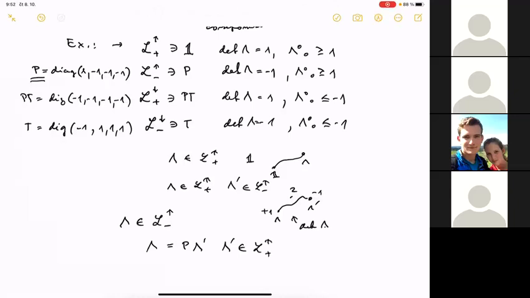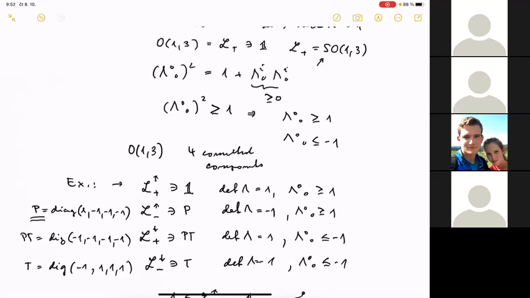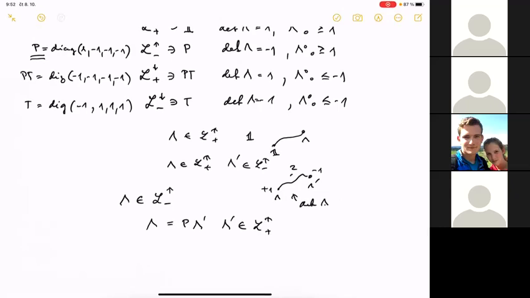By the way, I forgot to say that the elements of the group with lambda 0,0 greater than or equal to 1 form a subgroup. This subgroup is called the orthochronous Lorentz group and is denoted with this arrow upwards. The subgroup L plus with an arrow upwards is called the proper orthochronous Lorentz group.